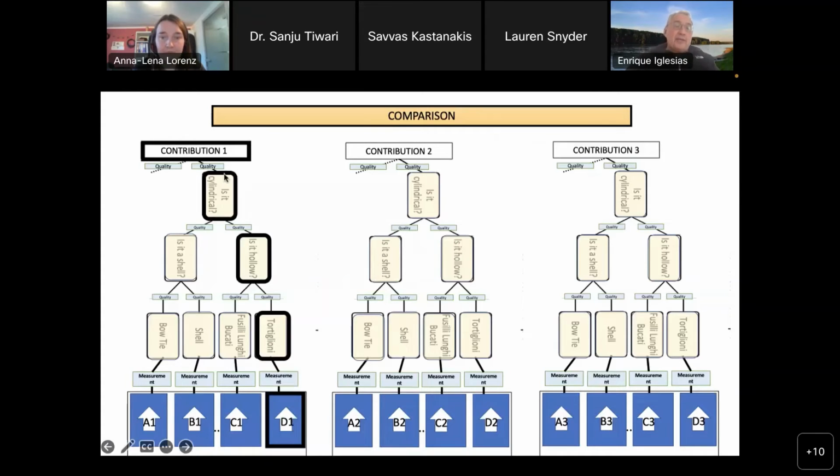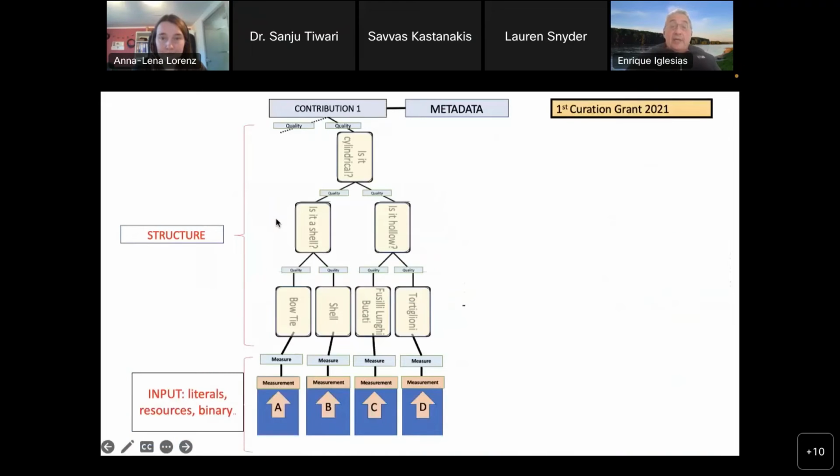You want to make a unique path that goes between your input data and a given contribution. So what we need is somehow to differentiate these resources, and what we do is add to them an RID number.